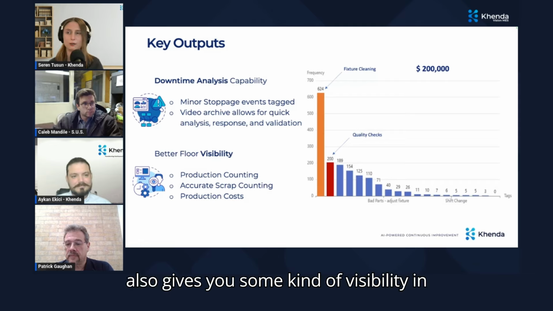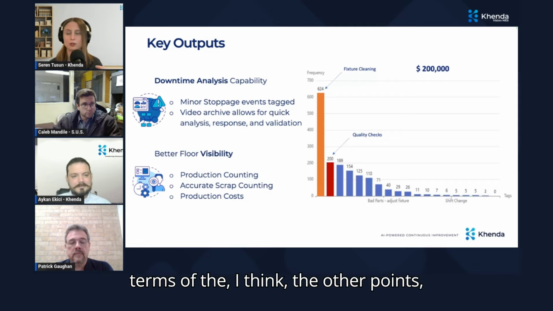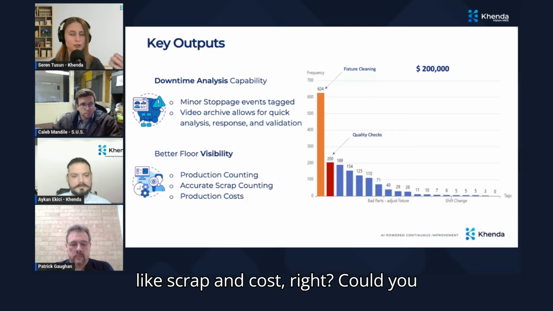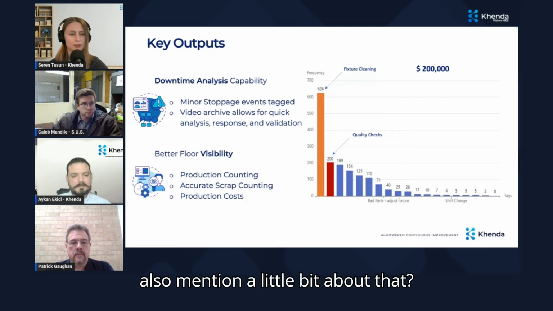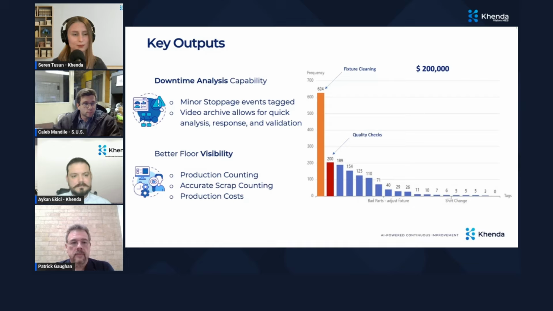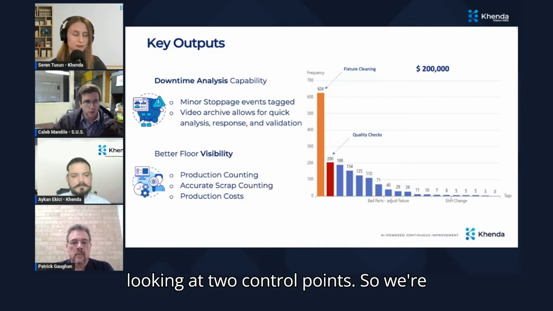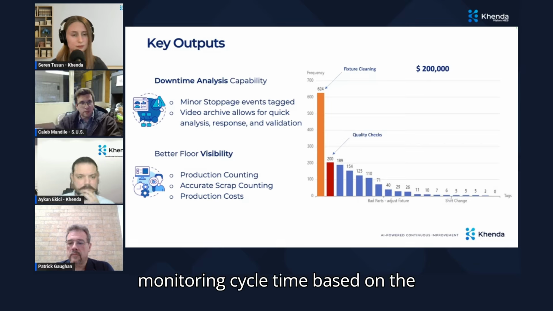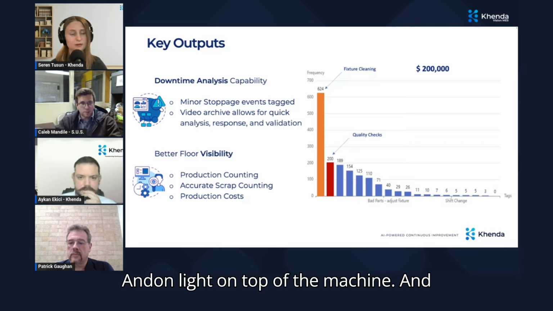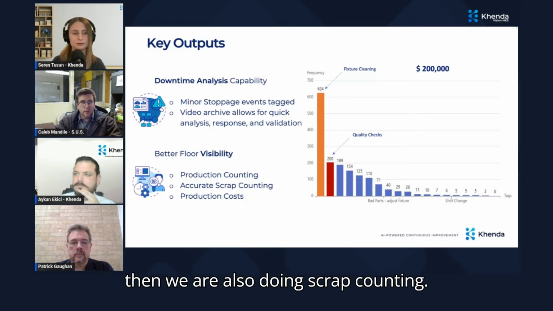It also gives you some kind of visibility into the other points like scrap and costs, right? Could you also mention a little bit about that? Yeah. On this cell, we're actually looking at 2 control points. We're monitoring cycle time based on the andon light on top of the machine, and we are also doing scrap counting.